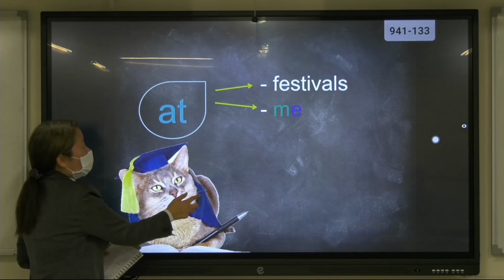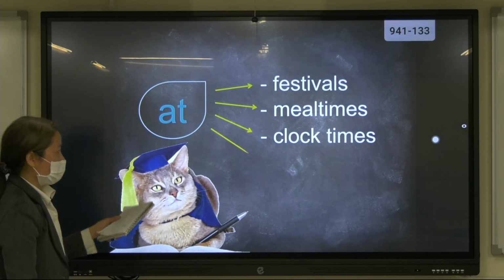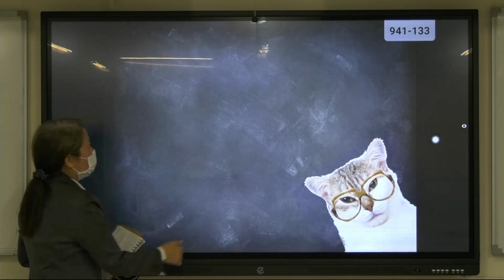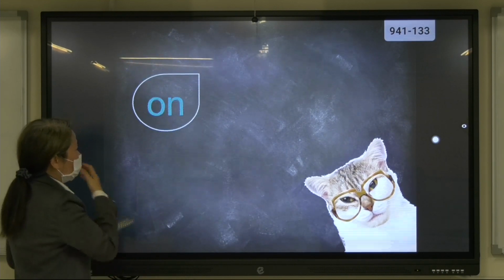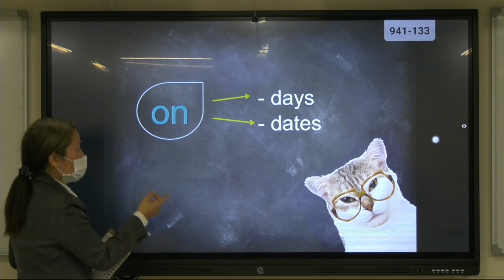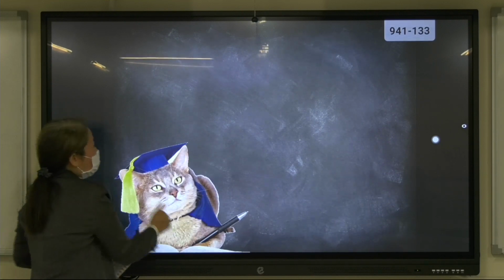Here's the summary. We use at to talk about festivals, meal times, clock time, ages. And we use on to talk about days. Okay, Monday or days. Okay, the 2nd of February.